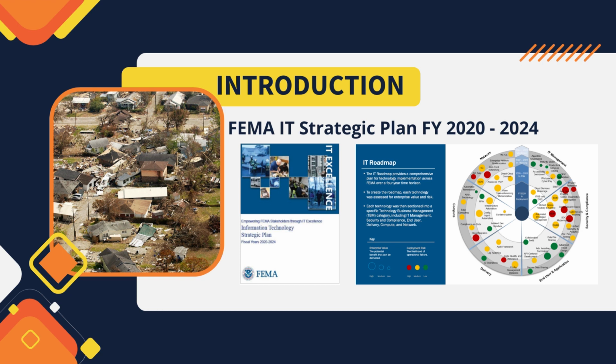And so I like that they included that. And then also the third bullet, each technology was then sectioned into a specific technology business management category, including IT management, security and compliance, end user, delivery, compute, and network. And so again, I won't go into more detail. You can see there just the visual aid that was provided, but I really do like that they put some thought into this, especially their risk piece and the timeline for achieving their goals.